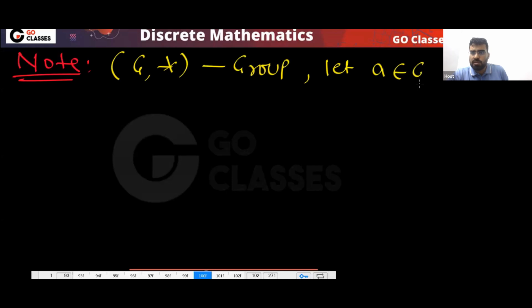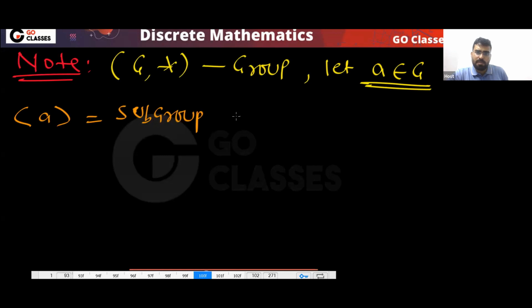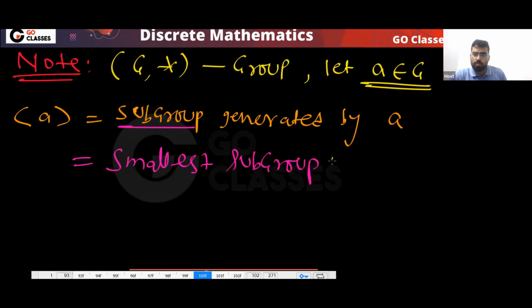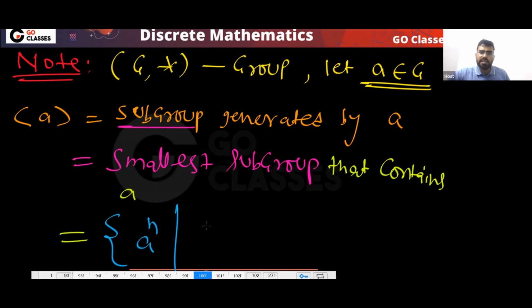Let A belong to G. This symbol means the subgroup generated by A. And what does this mean? It means the smallest subgroup that contains A, and that is the same as all the integer powers of A. So this is the final definition.